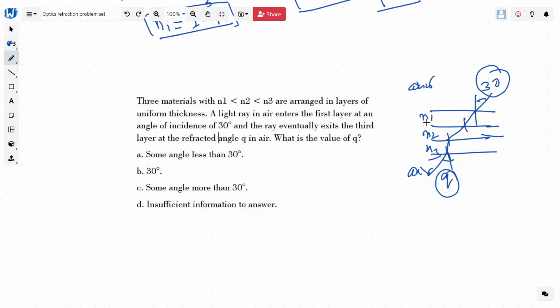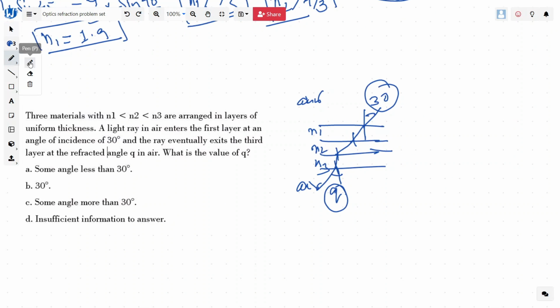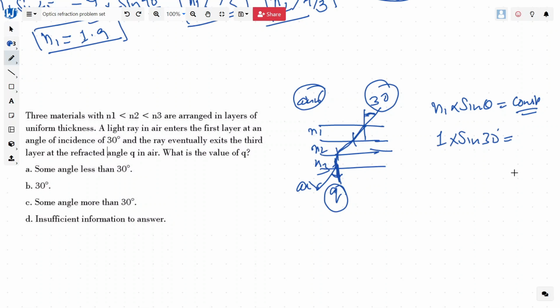That's pretty simple, because as we said in our Snell's law lecture, for all this refraction happening, n into sine theta is always a constant. It does not matter how many refractions there are in between. If it is coming out in the air, here we write n1, which is basically 1, into sine 30. We can write the second part of the equation directly here, which is going to be again 1 into sine q, and for this to be equal, the q has to be 30 degrees.